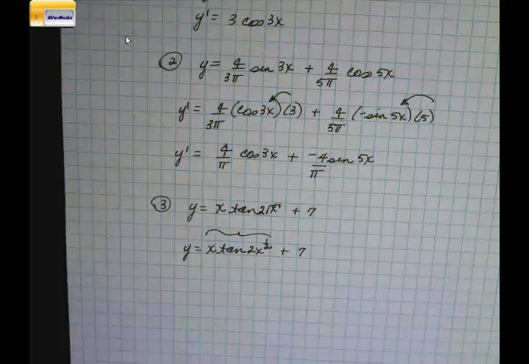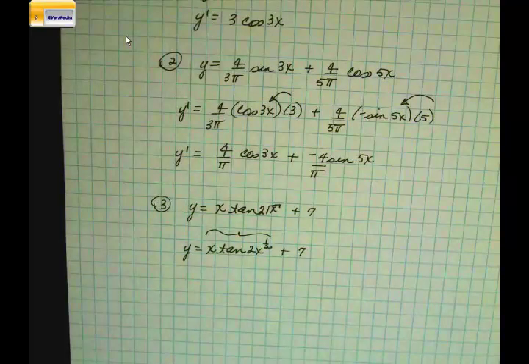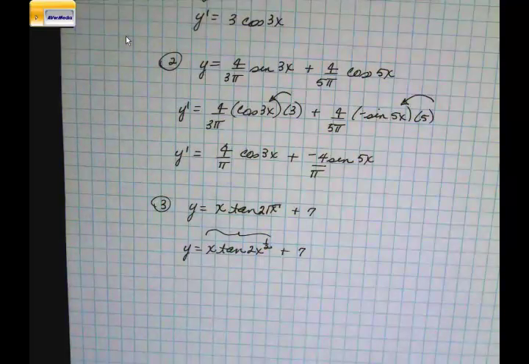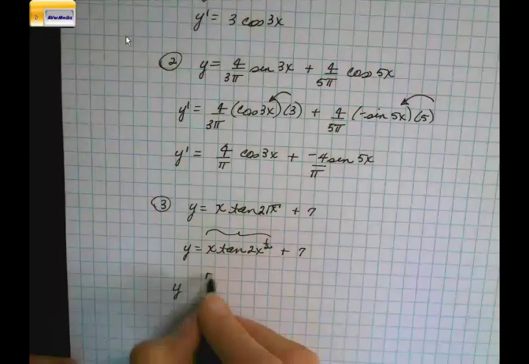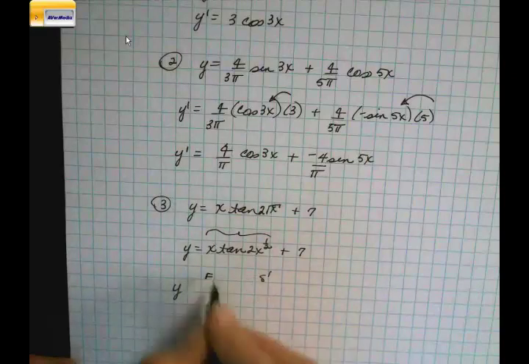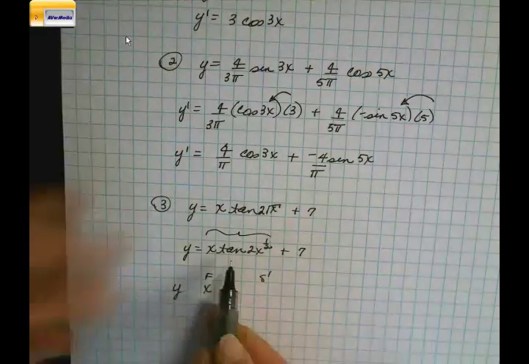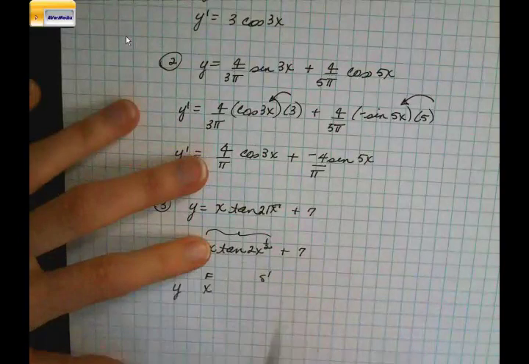Come back. What rule is that? That's the product rule. First times derivative of the second plus the second times derivative of the first. Okay, so the first times the derivative of the second. The first is x, and the derivative of tan 2x to the 1/2. The derivative of tangent is secant squared x, right?